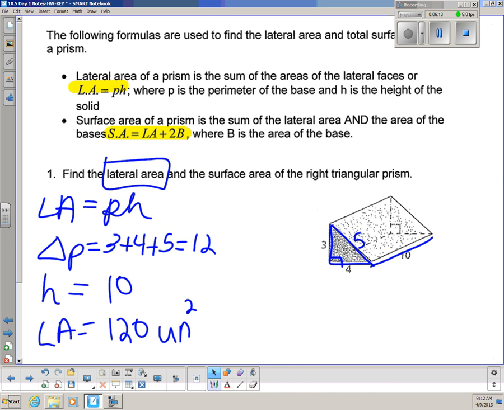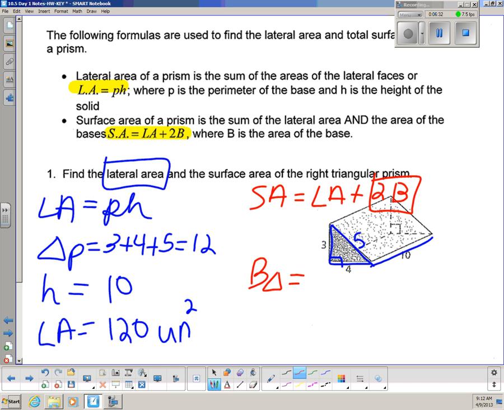If we now talk about the surface area, we need to do the lateral area plus twice the area of the base. Well, we already know what the lateral area is, so that's perfect. If we think about the triangles, the actual base part, the base we know is a triangle, which is base times height divided by 2.